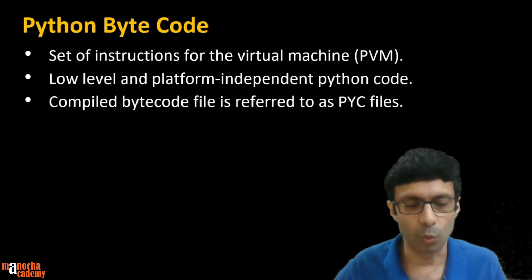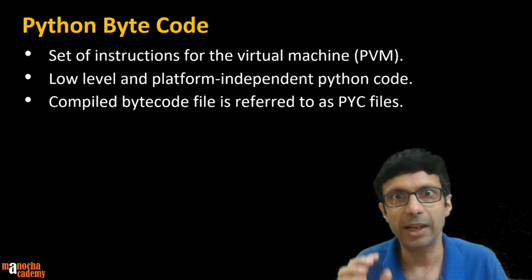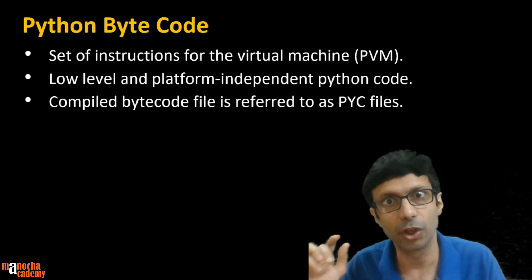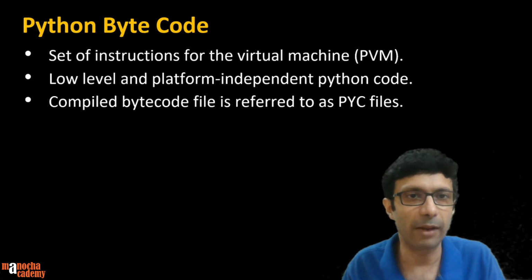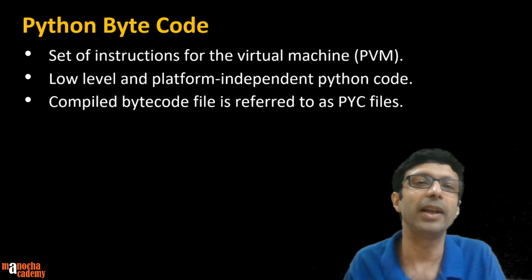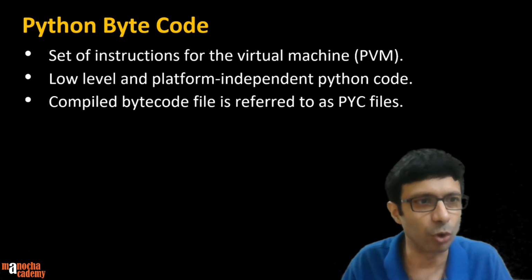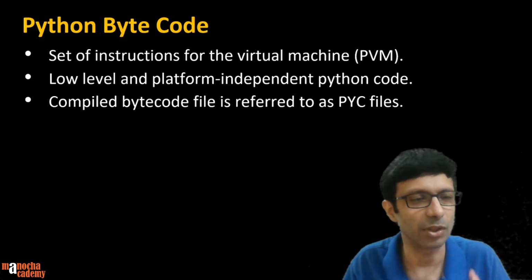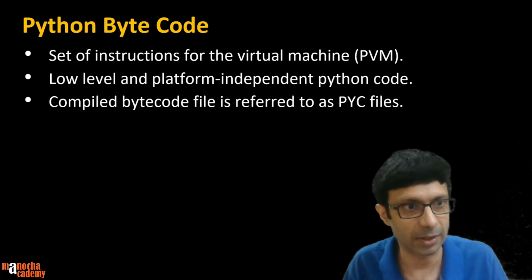Okay. So what is Python bytecode? Python bytecode is a special code which is a set of instructions for the special virtual machine, the Python virtual machine. Okay. And it is low level, right? So you can't really read this bytecode. It will look like zeros and ones, like garbage to you, because it is the computer's language, right? And it is converted into ones and zeros so at least it can run fast, right?